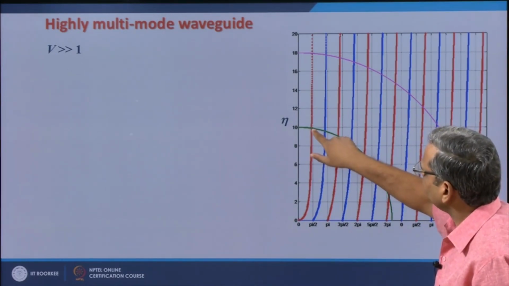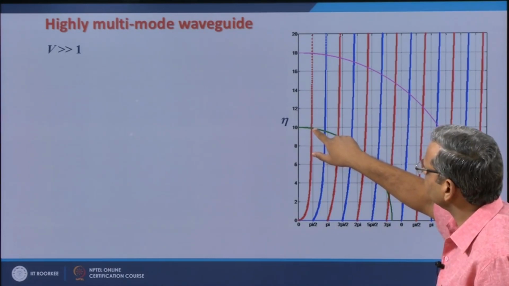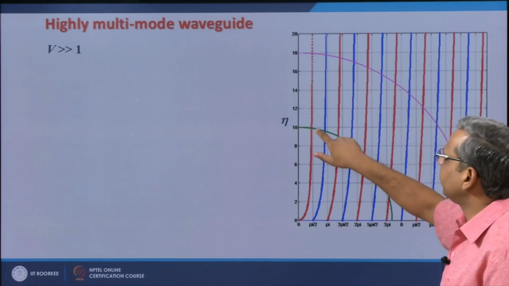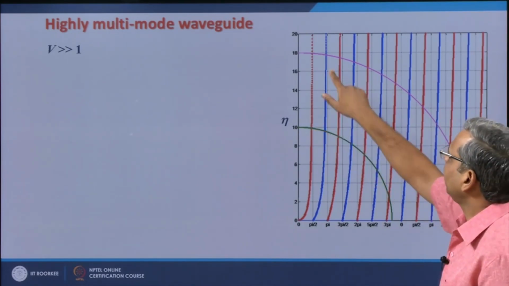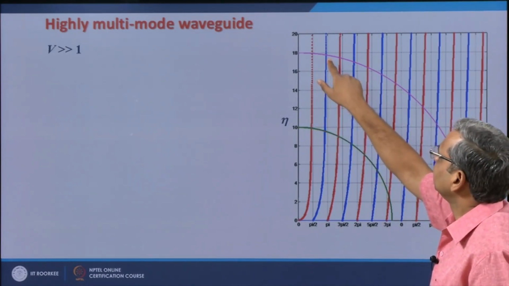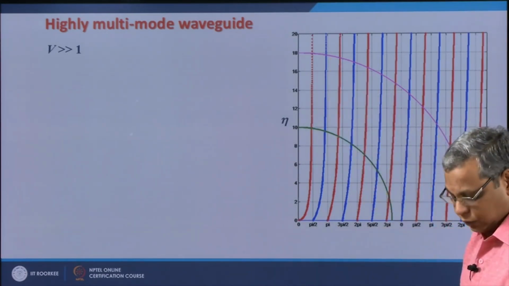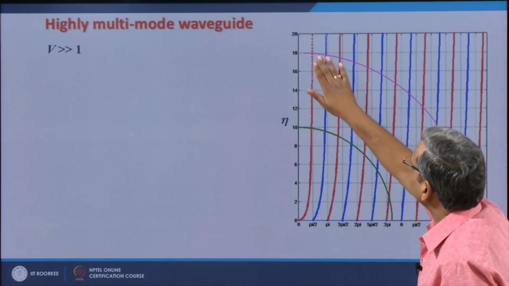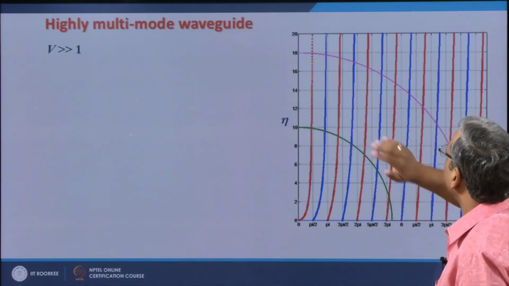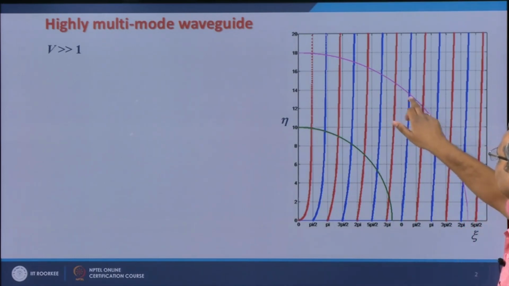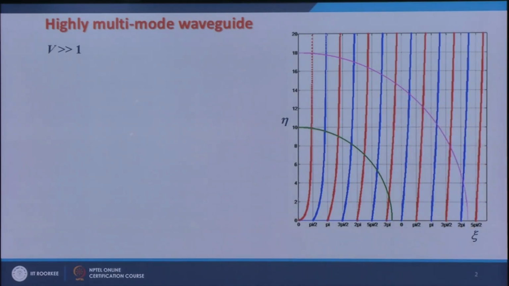So, for the first mode, that is m is equal to 0 mode, the point of intersection is close to pi by 2, and for m is equal to 1, the point of intersection is close to pi, and so on. These are only for the first few modes. If you go to higher order modes, then these points of intersection are much farther from these values.